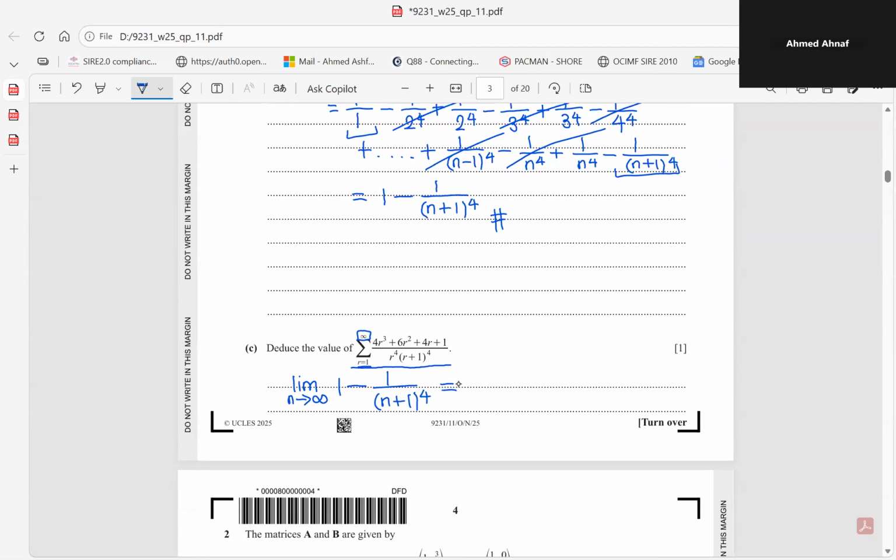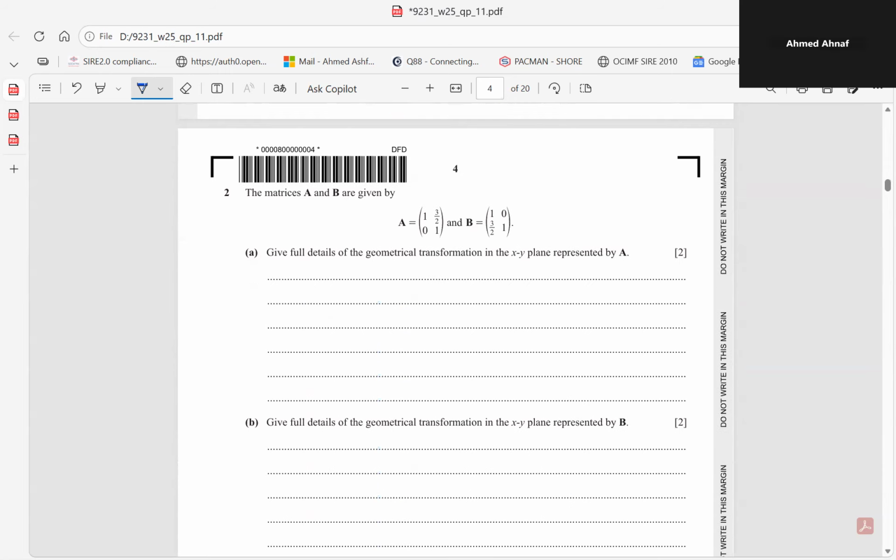To evaluate this, you just substitute infinity into n. Infinity is just a really big number, so as the denominator gets really big, the fraction will be basically 0. So this would just be 1 minus 0, and your answer would be equal to 1. With that, let's move on to the next question.